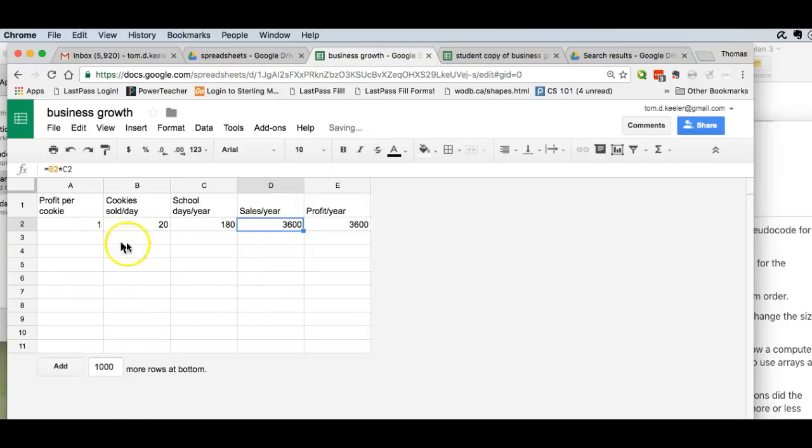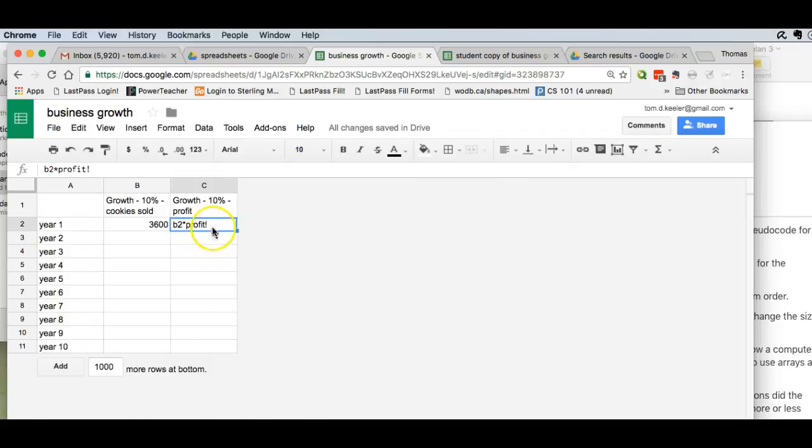It was A2. Okay, and nothing happened, right? Because we have to put that equal sign in there. So we go and put that equal sign in. So okay, now we're multiplying that. And we get what we expect is the profit is that amount.